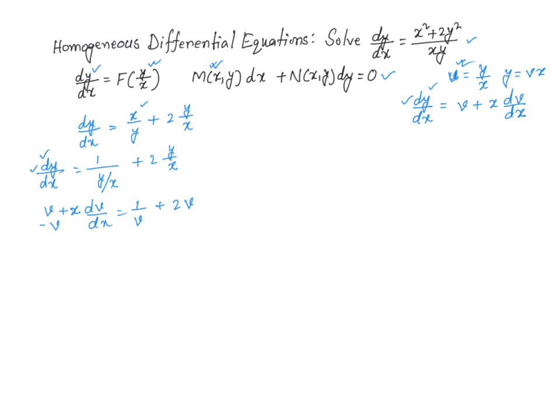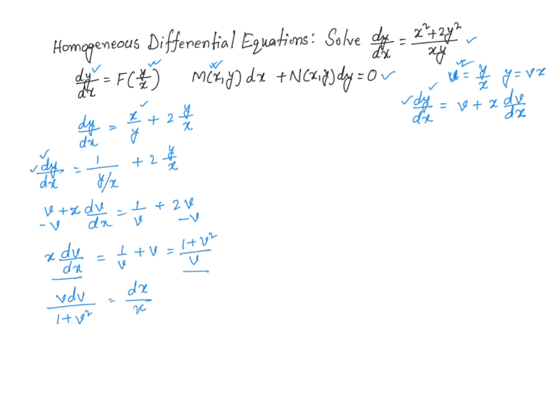If I subtract v from both sides, I'm left with x dv over dx is equal to 1 over v plus v, which simplifies further to 1 plus v squared over v. And then again, if I simplify it, I get v dv over 1 plus v squared is equal to dx over x.